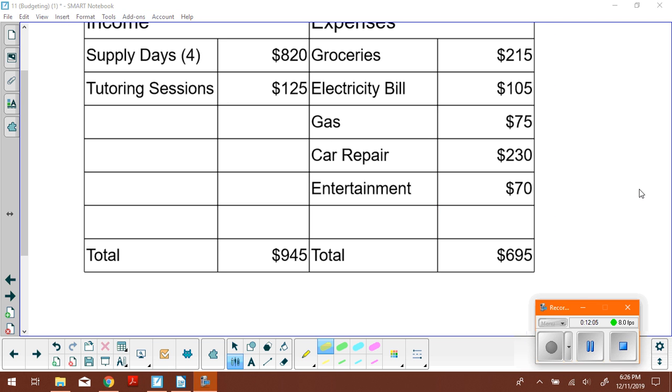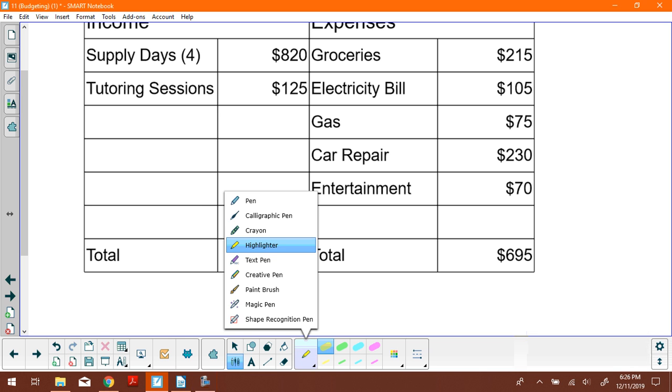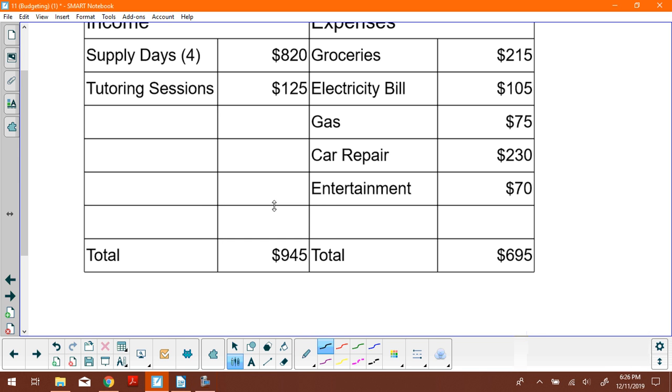So I've added another row, and now let's figure out how much I have left over. On the side, let's just figure out what I've got left. We've got 945 minus 695 is 250.